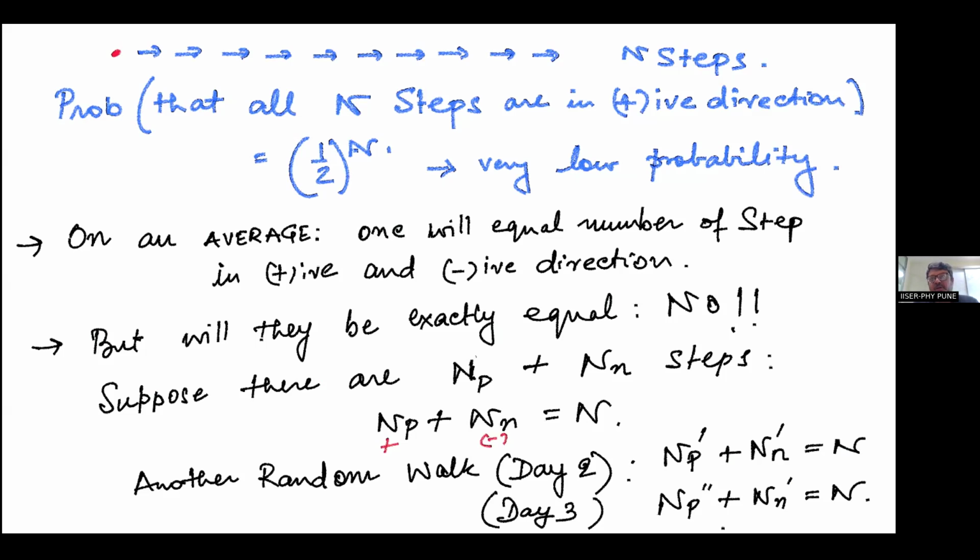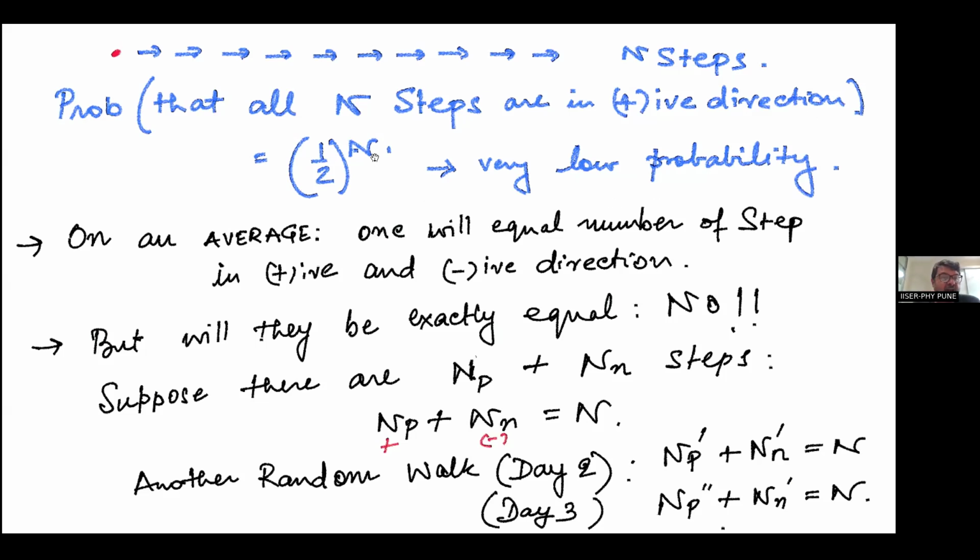So the total probability that he takes two steps to the right, one after the other, is half into half. And the probability that he will take all n steps to the right is half to the power n. Right? So that's a possibility.